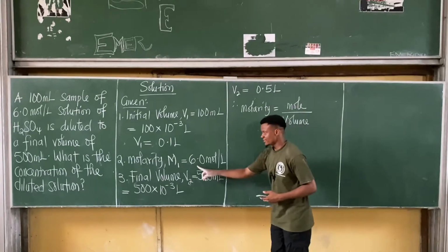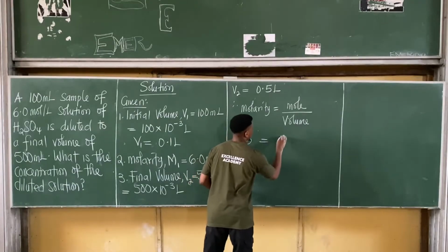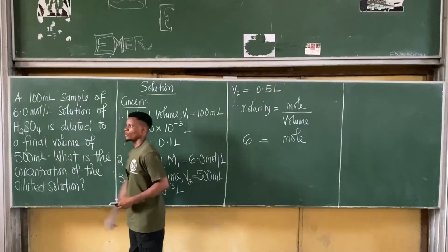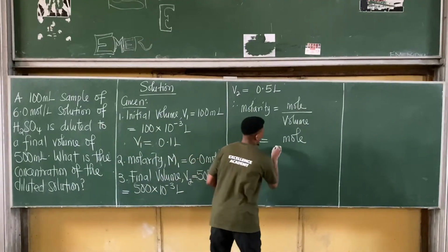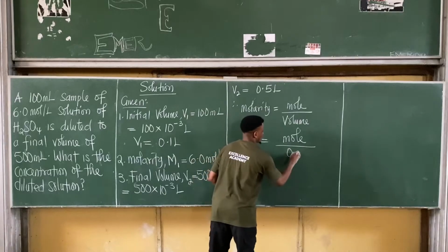The initial molarity here is 6.0 or 6. So 6 is equal to the number of moles of the compound H2SO4, sulfuric acid, all over the initial volume, which is 0.1.